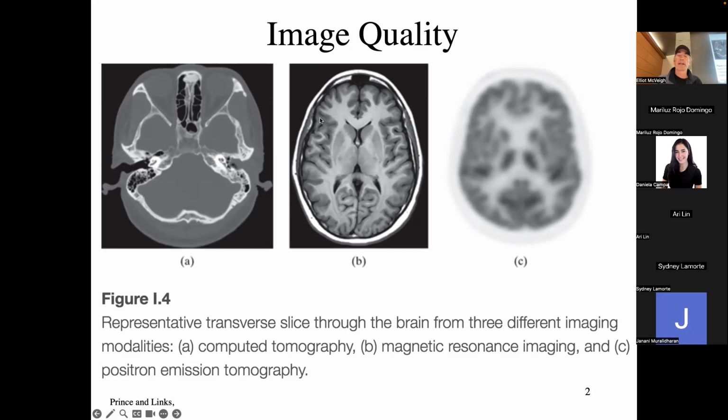The gray matter is this darker tissue here. The white matter connecting tissue is the lighter tissue, and the CSF is dark. In the brain, it looks like all soft tissue looks the same in this CT image, right? So there really isn't a lot of contrast between different types of brain tissue in this image. However, modern CT scanners can produce images that have much better contrast than this, but you can see there's slight contrast between the eyeballs and the background, but that's about it.